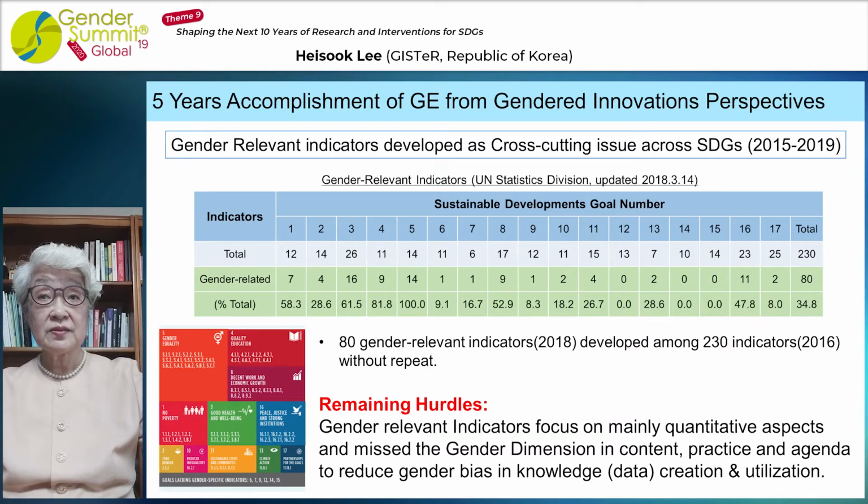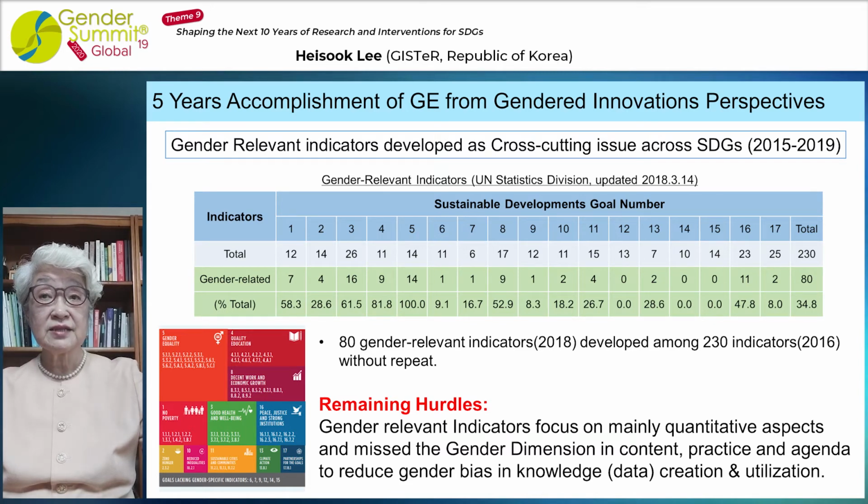Over the last 5 years, there has been some accomplishment of gender equality. Namely, 80 gender-related indicators have been developed as a cross-cutting issue among 230 indicators for SDGs.